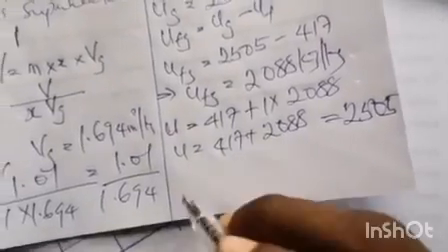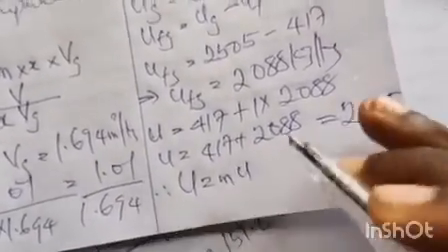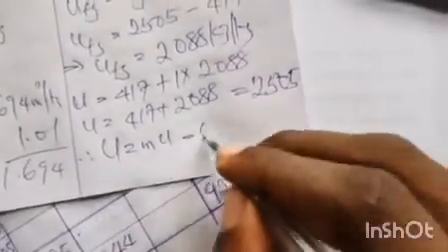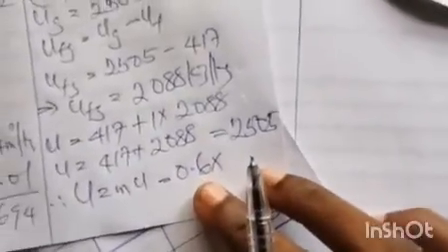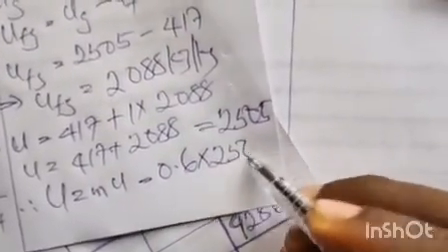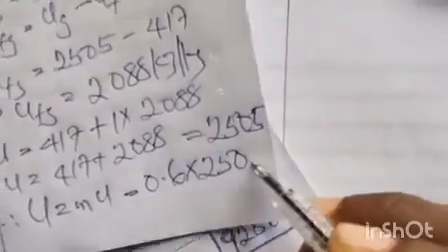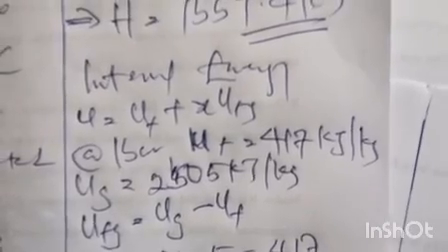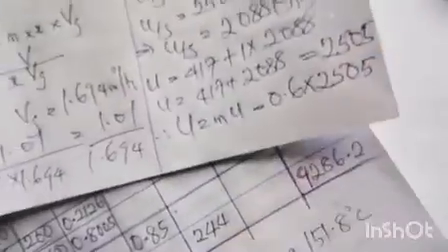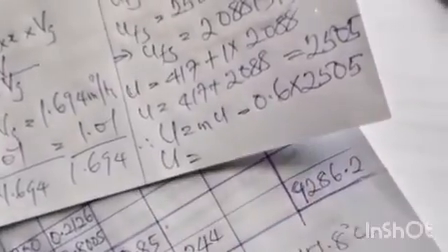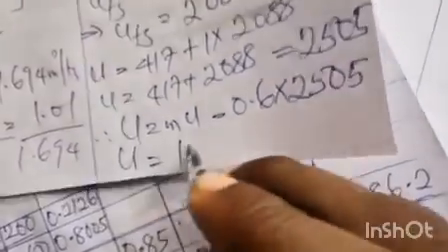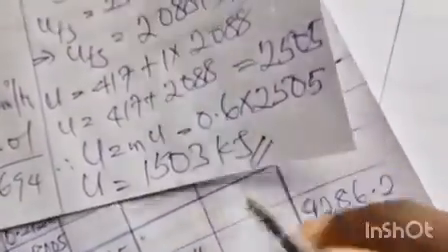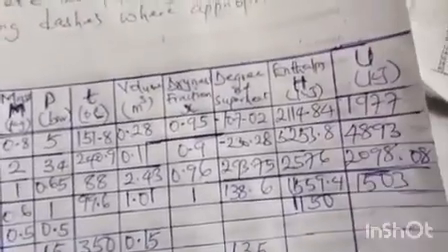So this becomes specific internal energy. Total internal energy is mass times specific internal energy, which is 0.6 multiplied by 2505. That gives us 1503 kilojoules. That becomes the internal energy.